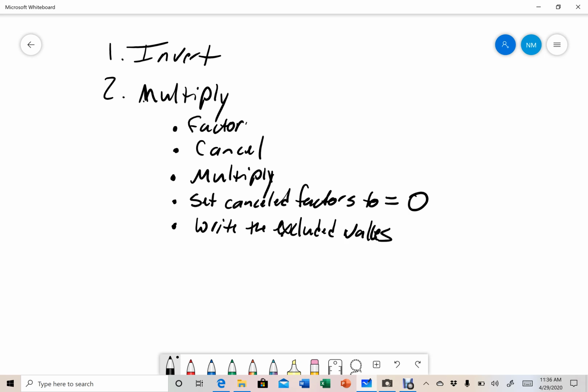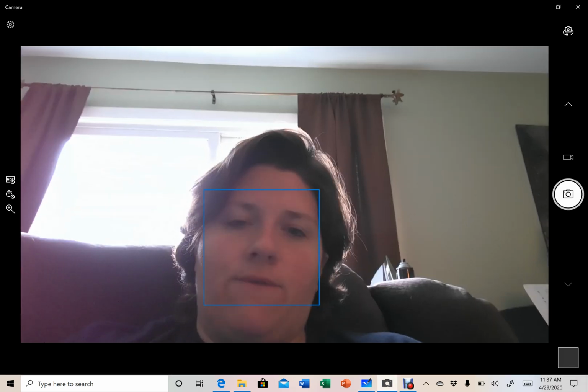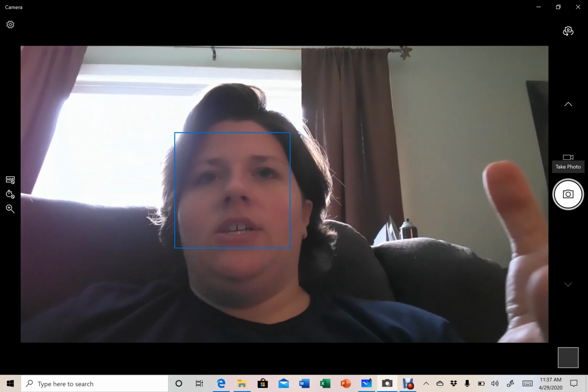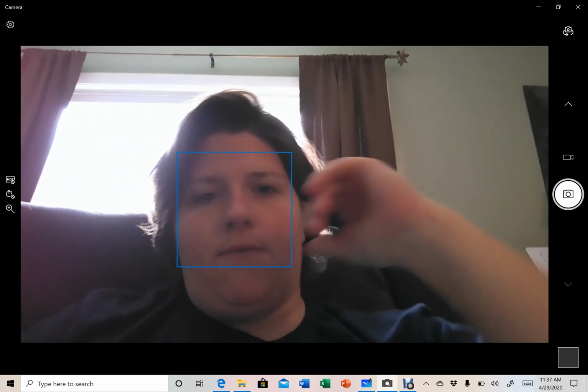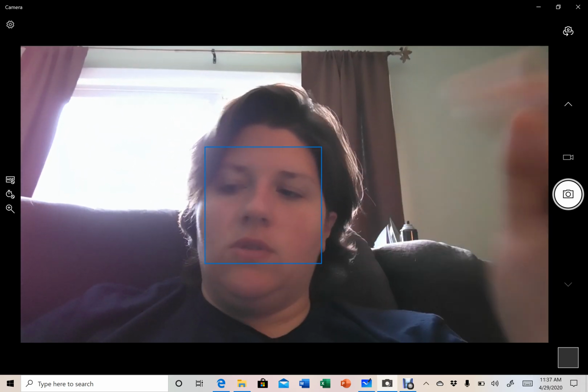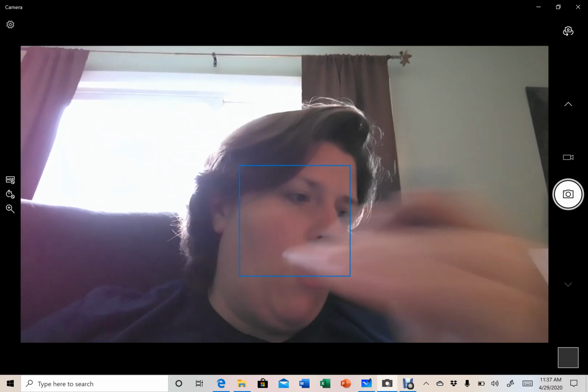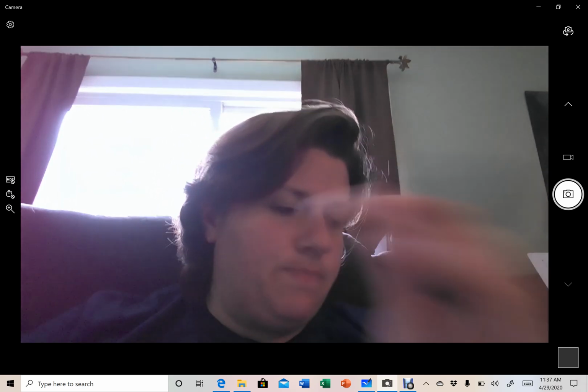So the steps for division are exactly the same as multiplication. The only difference is we have to invert our second fraction before we can do our multiplication process. When we invert that fraction, we're changing our division over to multiplication.